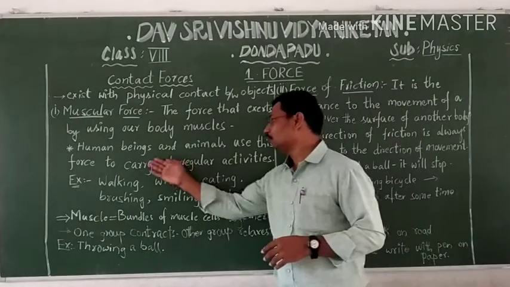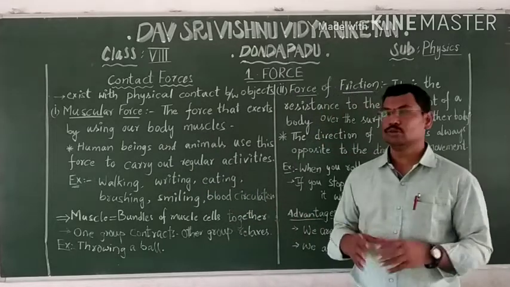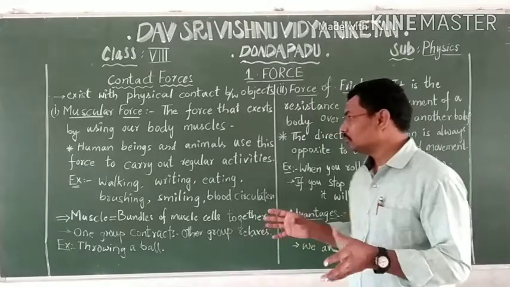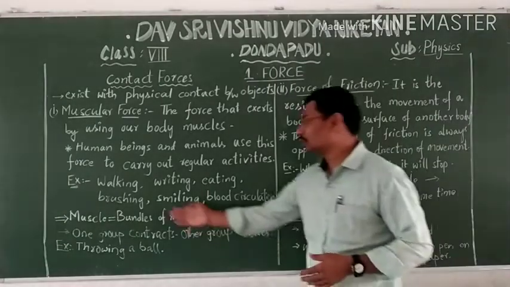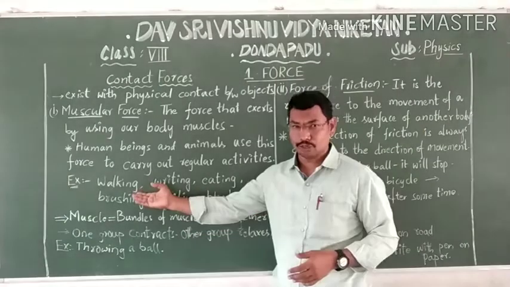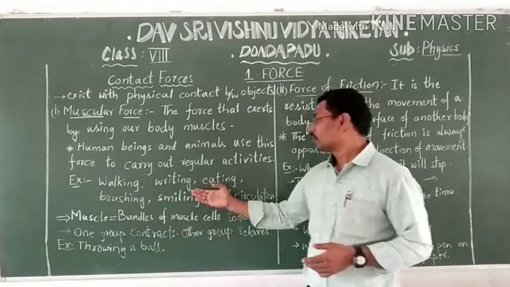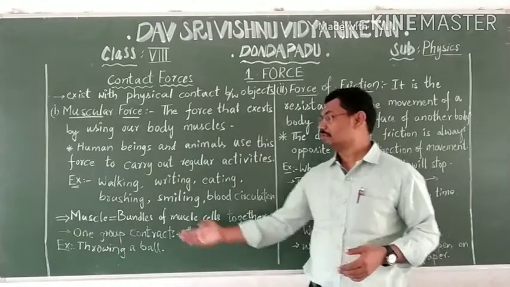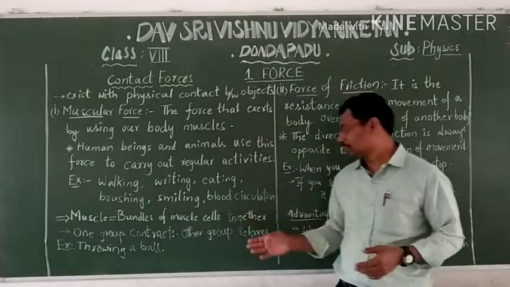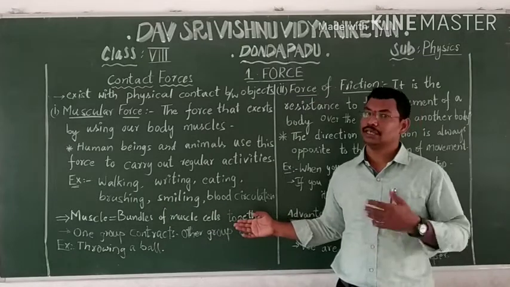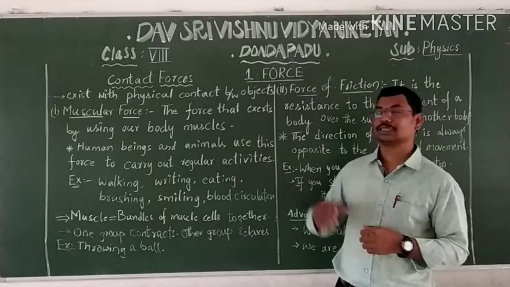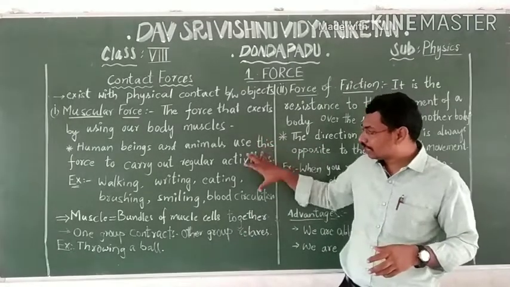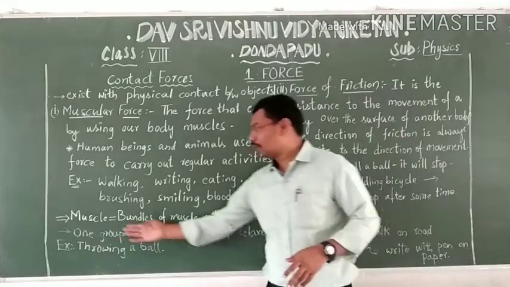Human beings and animals use this force to carry out regular activities. Examples: walking, for which we use muscles, writing, eating, brushing, even smiling, and internal blood circulation also uses some muscular force. These are the examples. Now, what is a muscle?